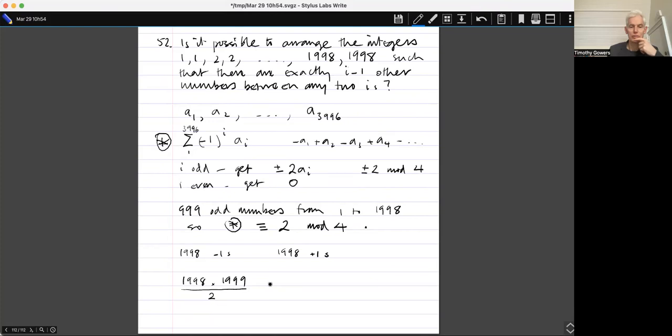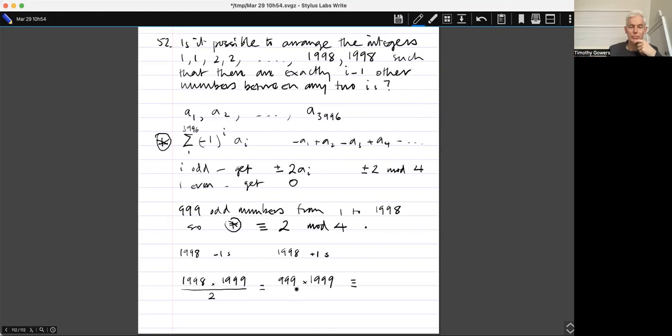Just check, yes. Which equals 999 times 1999, which is congruent to what? Mod 4. Well, it's certainly odd, which is sort of promising.